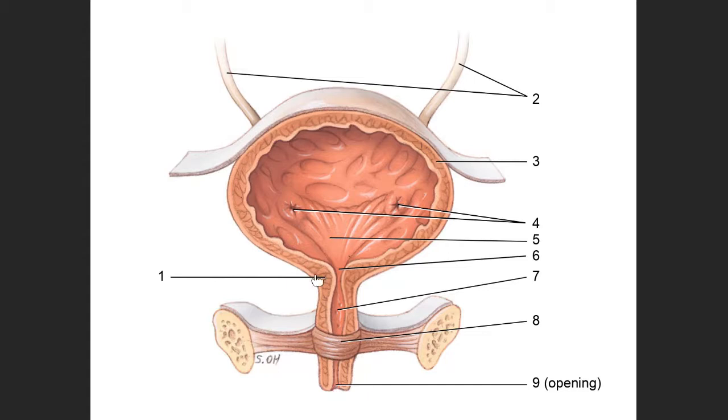One of them is number 1, which is internal urethral sphincter, and the other one is number 8, and this is external urethral sphincter. External urethral sphincter is a skeletal muscle, and internal urethral sphincter is a smooth muscle. Then you have number 7, which is the urethra.